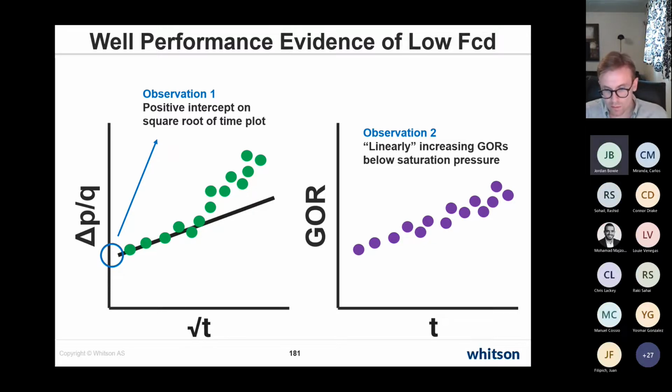I'd say some of the other signatures on the numerical RTA plots: if it's starting out at a low LFP but then rising early time as rates decline, that's a good indicator. And then also looking at the buildups: if it builds up really fast early time and then flattens, that's typically what I'd consider low fracture conductivity, because you build up that pressure within the fracture rapidly.